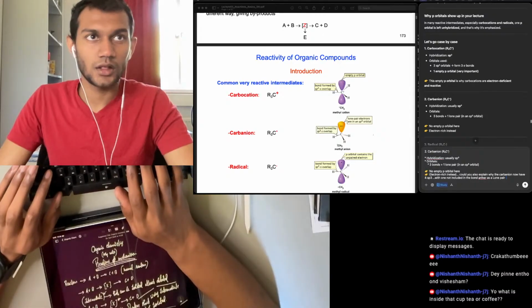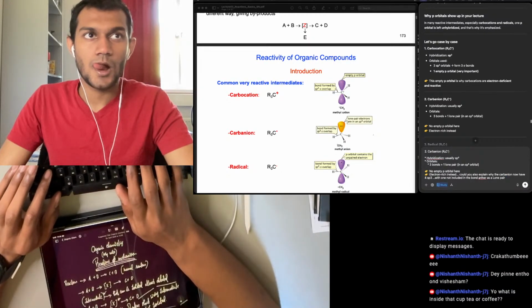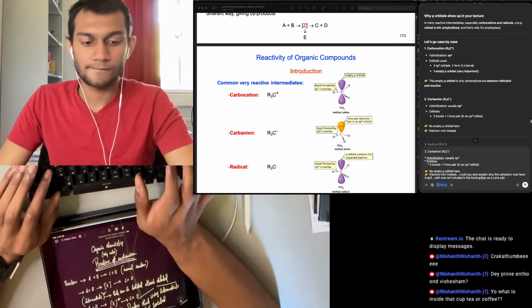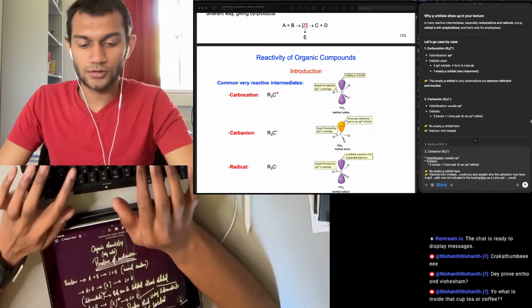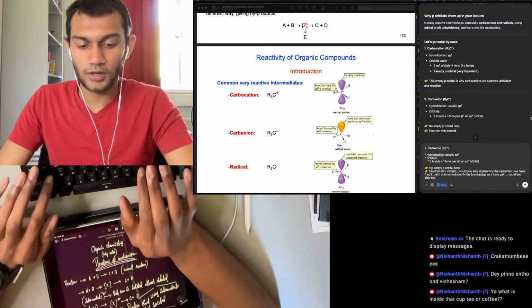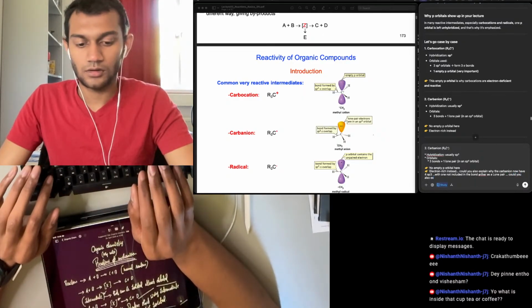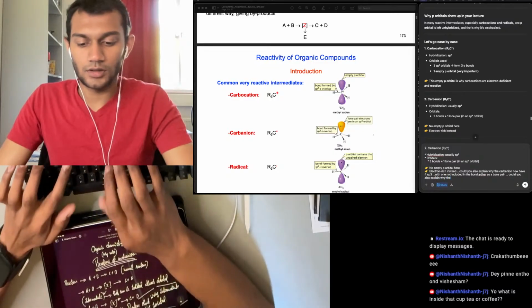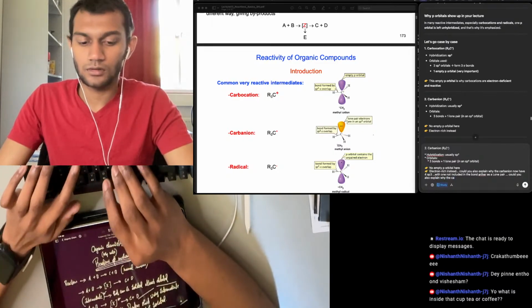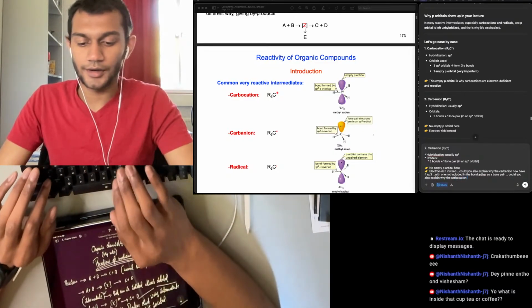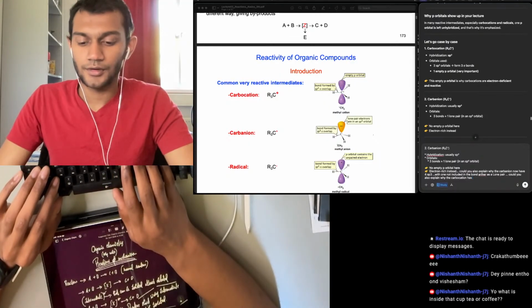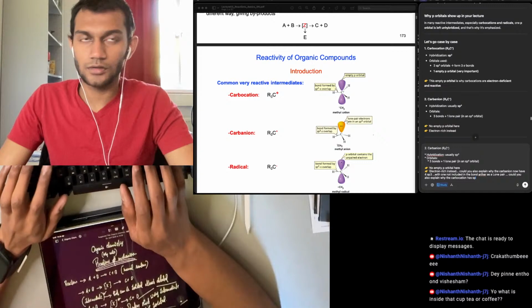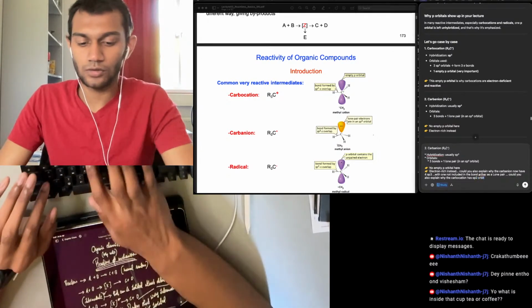There. Could you also explain why the carbocation has sp2 orbital bonds?